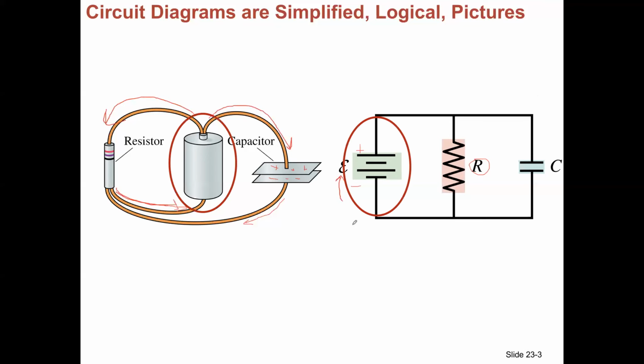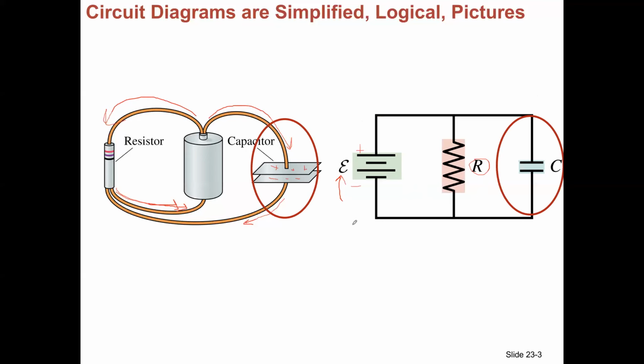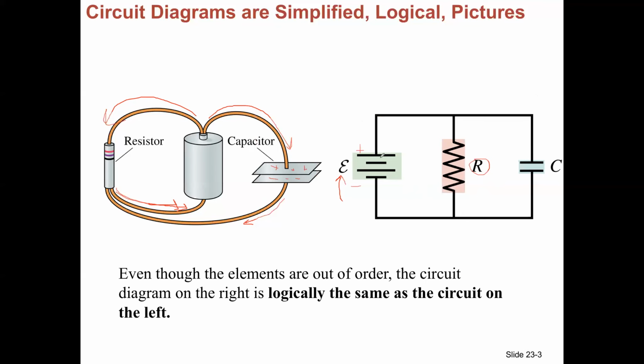So the battery is there, the resistor is there, the capacitor is over here. So even though we've drawn them in different orders, the diagram still shows the same logical thing happening. Current coming from the battery, splitting through the resistor and then the capacitor, and then coming back together at the negative end of the battery.